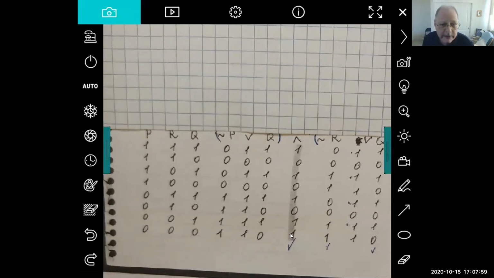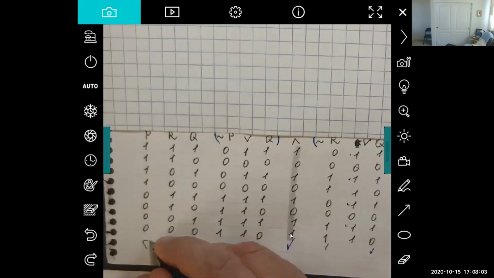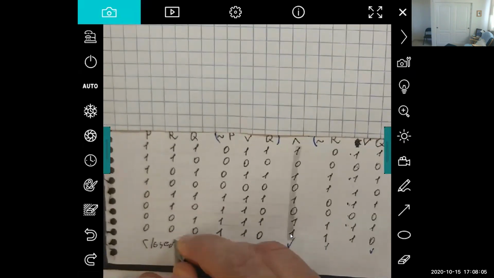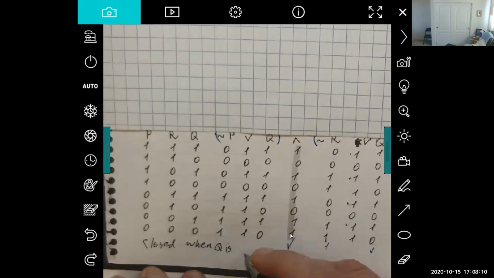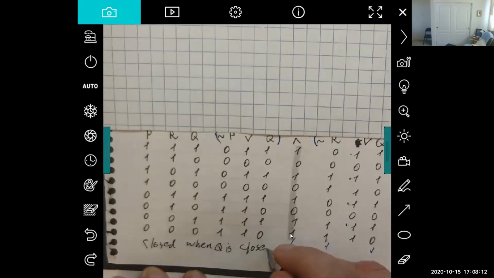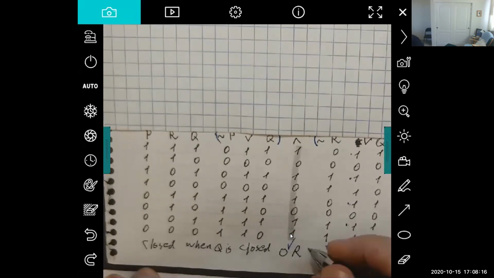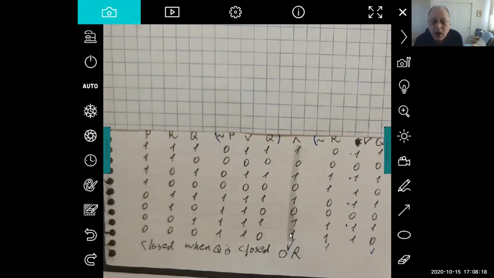So it's closed whenever Q is closed, or this one down here on the bottom where they're all open.